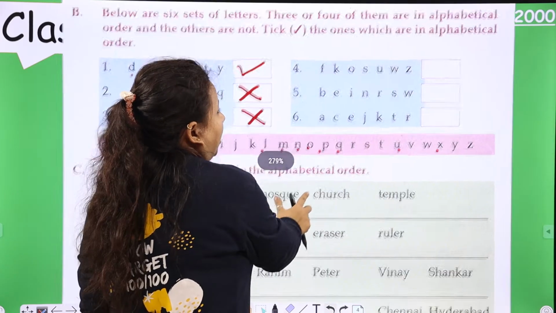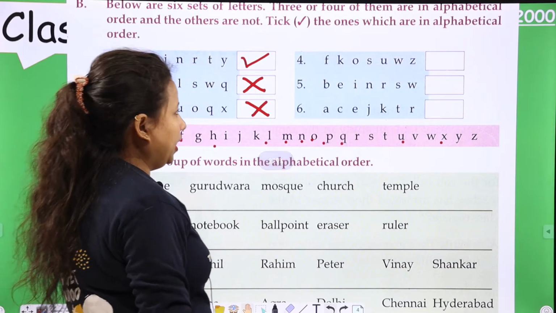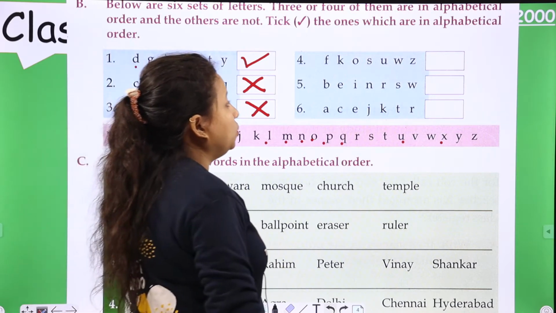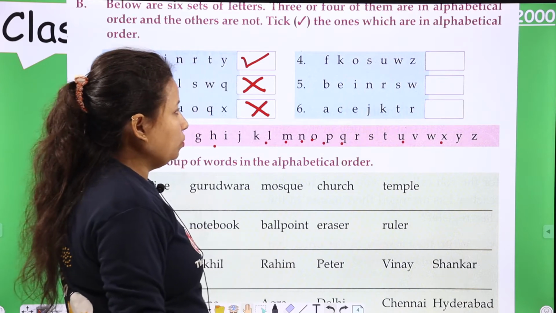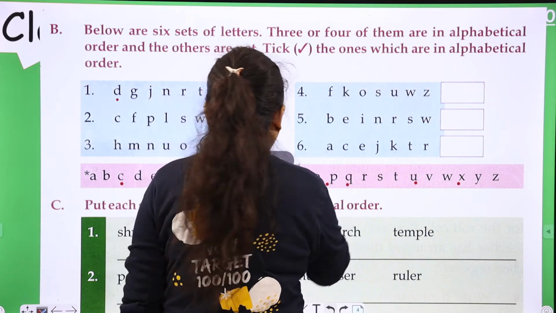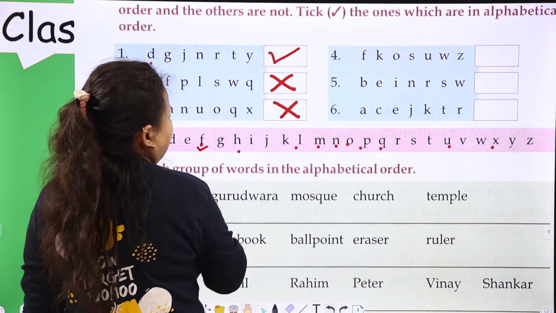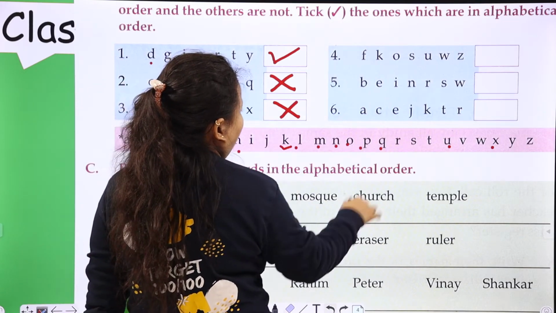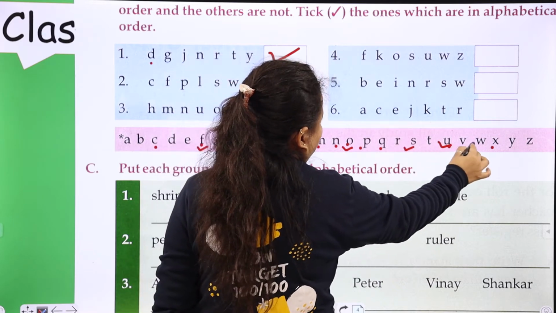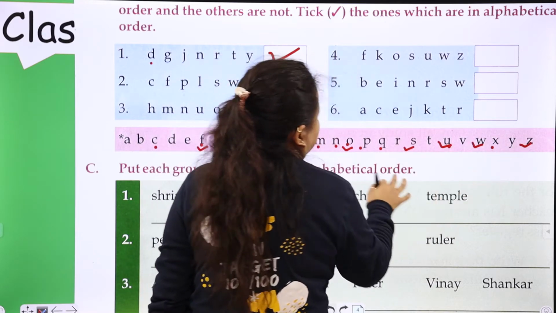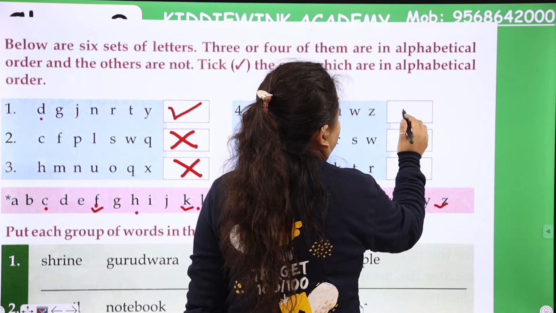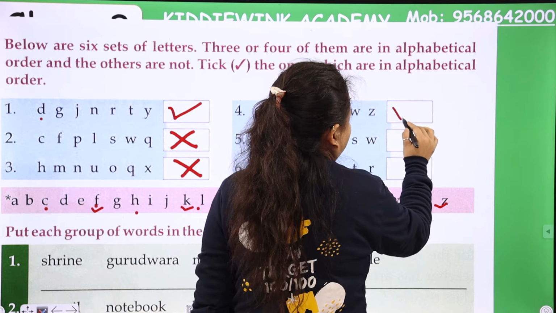Next is F, K, O, S, U, W and Z. So, F, K, O, S, U, W and Z. Yes, this series is in alphabetical order. So, we have to tick it.